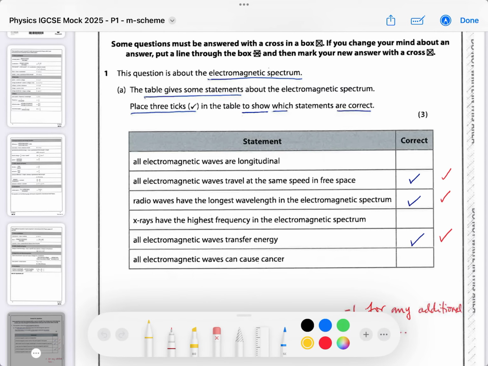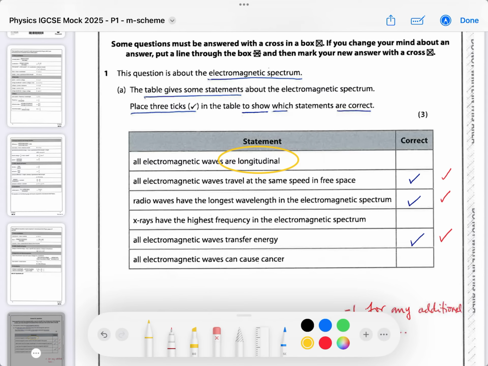A lot of students ticked the first one, that electromagnetic waves are longitudinal. Of course, they're not. They're transverse. And then later on, there was a question about electromagnetic waves, and they'd taken the error from question 1 and got it wrong again in the question which came later, which was also on waves.